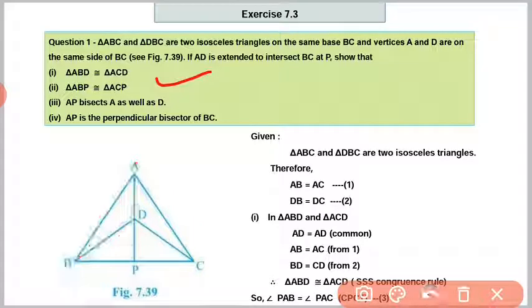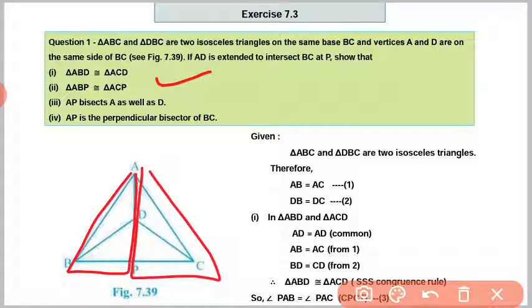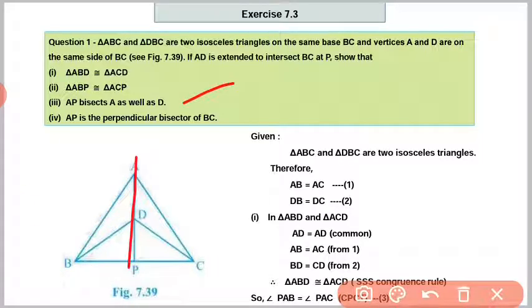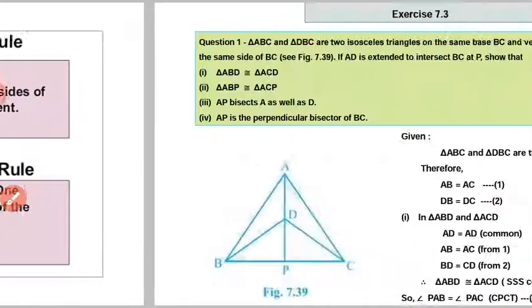Second, triangle ABP and triangle ACP are congruent. Next, AP bisects angle A as well as angle D. Fourth, AP is the perpendicular bisector of BC. So these four things we have to show.